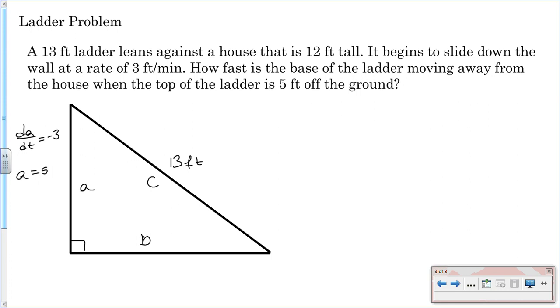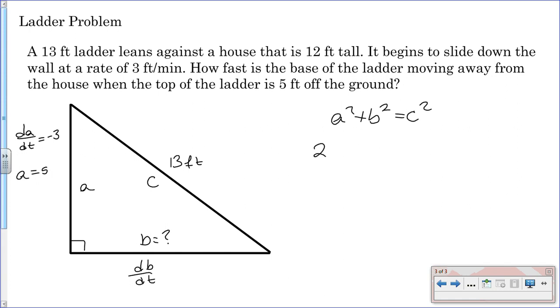Now, we have to figure out B. We don't know what B is. We also need to figure out dB over dt. So we have a couple things to figure out. Let's take the derivative of the Pythagorean theorem.